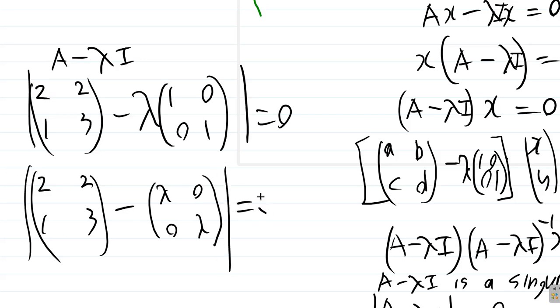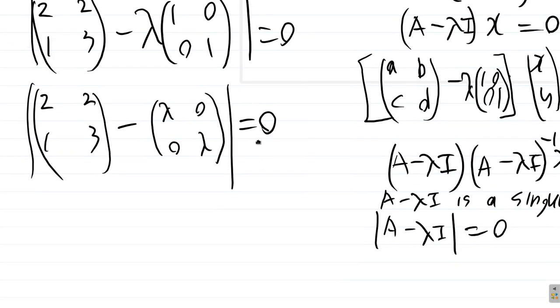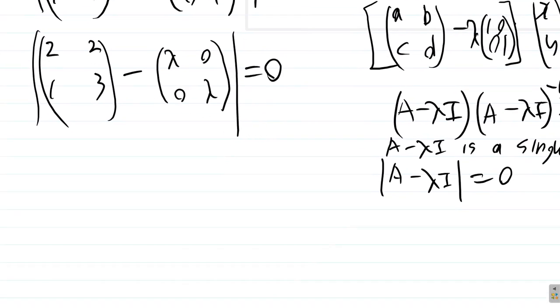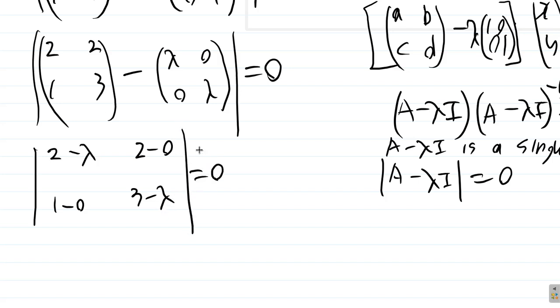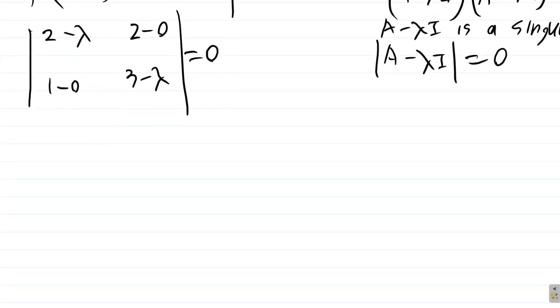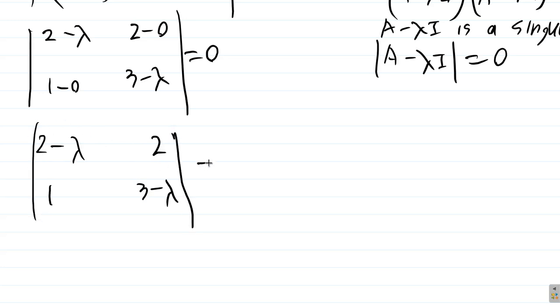The determinant of that is 0, right? And then if we subtract the corresponding terms, the determinant of 2 minus lambda, 2 minus 0, 1 minus 0, 3 minus lambda, equals 0. You could rewrite this as the determinant of 2 minus lambda, 2, 1, 3 minus lambda equals 0.